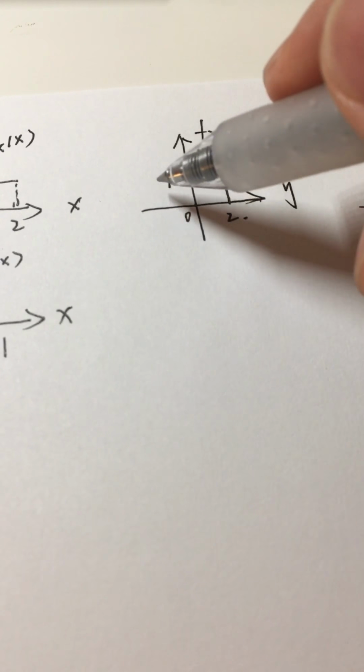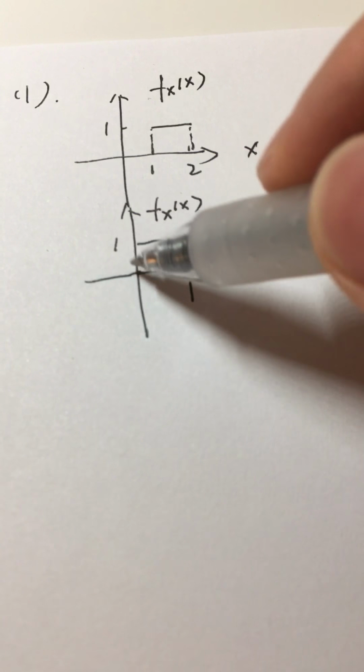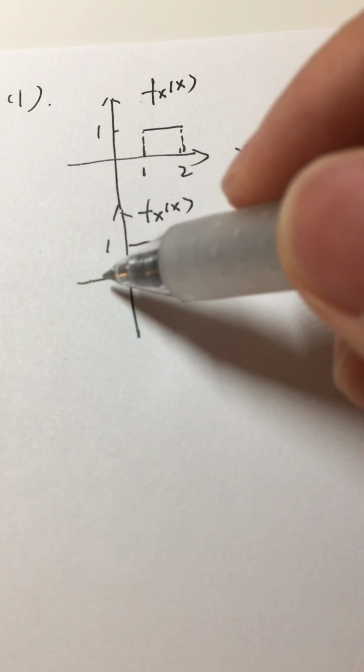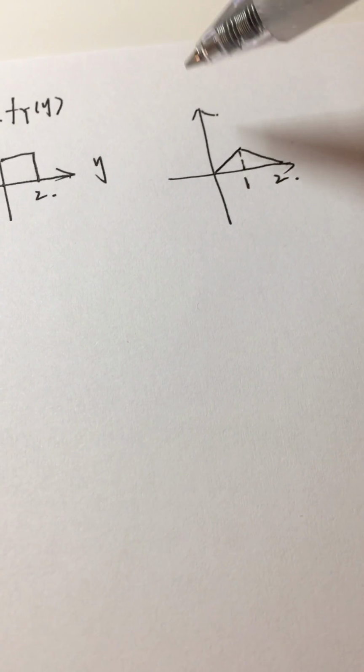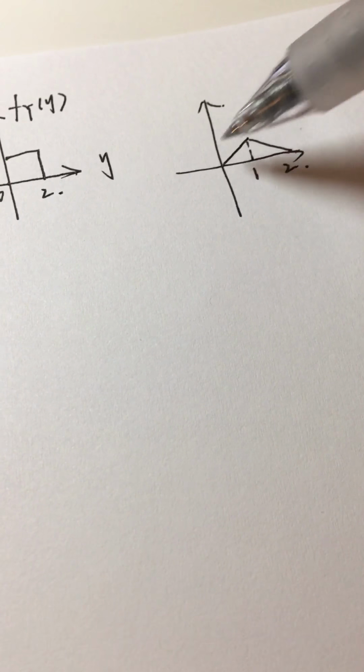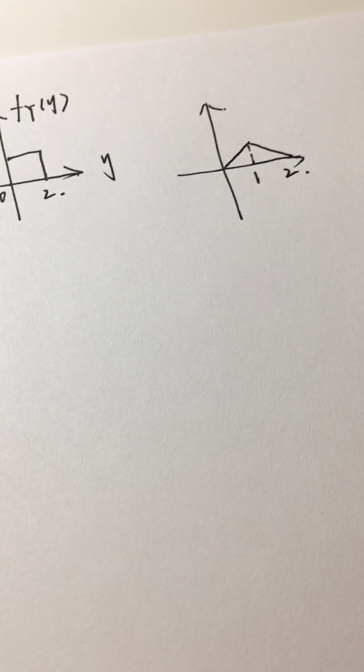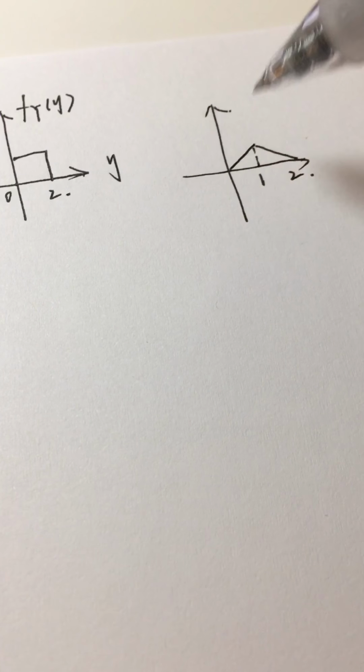We can flip this part and move from -1 all the way along the x-axis, and we can get the convolution. When we compute the convolution of these two, we can move this picture to the right by 1, and this is the answer we want to know.